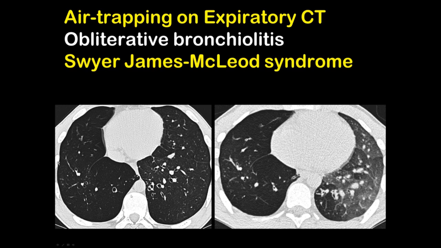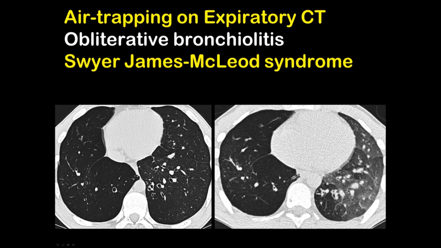In this patient, we see an inspiratory CT where the right lung has mainly air trapping and diminished vascularity, and the left lung has subtle areas of diminished attenuation.